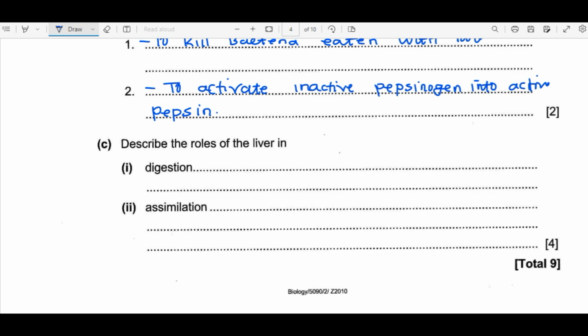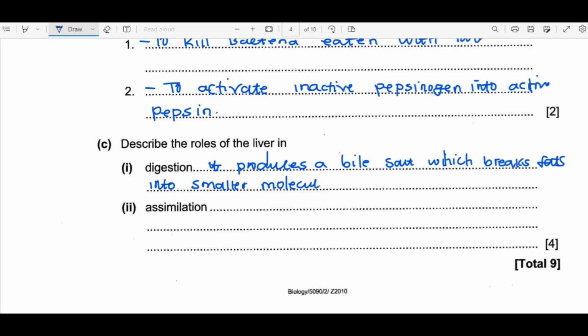So under digestion, we'll say it produces bile salt, which breaks fats into smaller molecules by the process called emulsification.